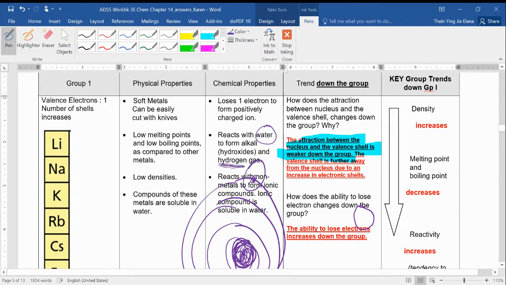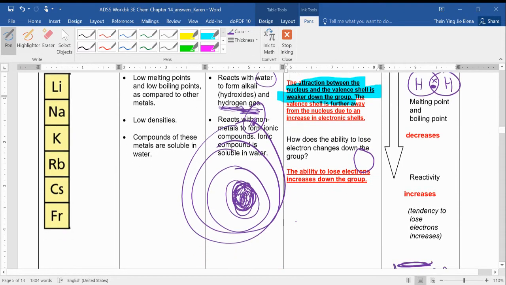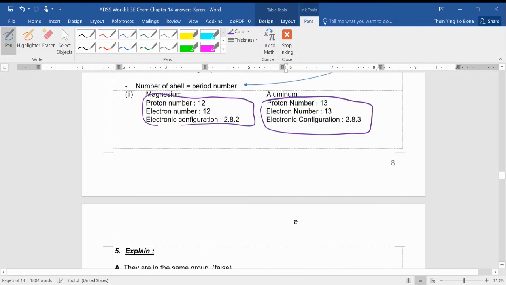So it can displace hydrogen. Hydrogen gas is made up of 2 hydrogen atoms. I realized that some of you say that it forms hydrogen ions, which is not true. Hydrogen gas is made up of 2 hydrogen atoms that are chemically bonded through covalent bonding. Okay, so let's go back to our question.